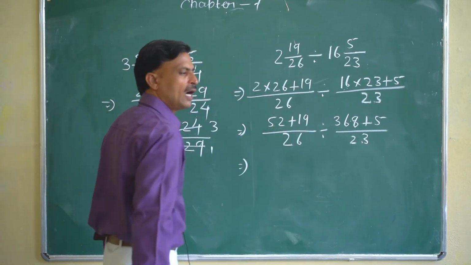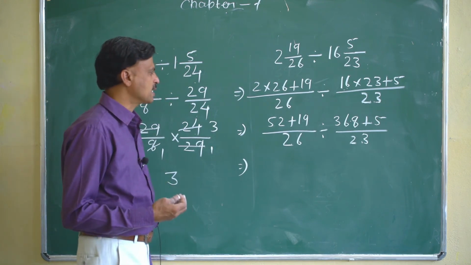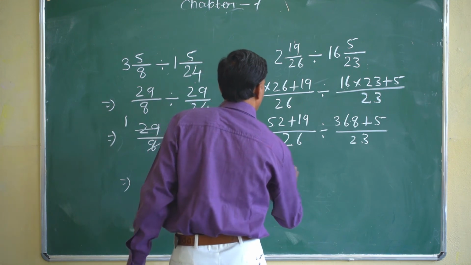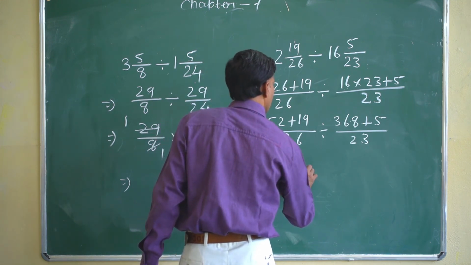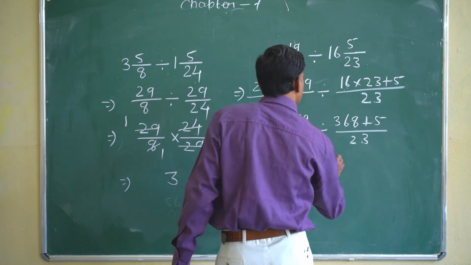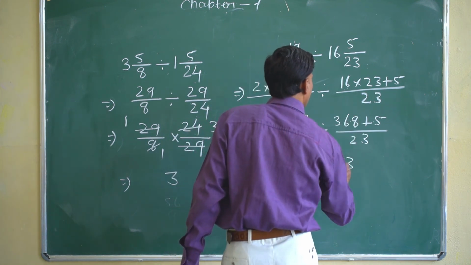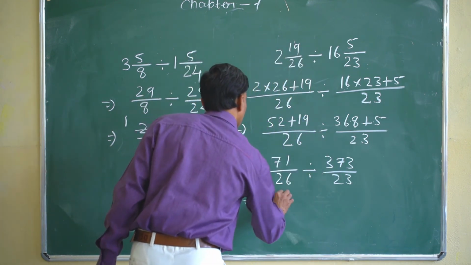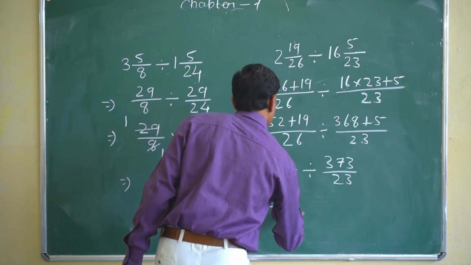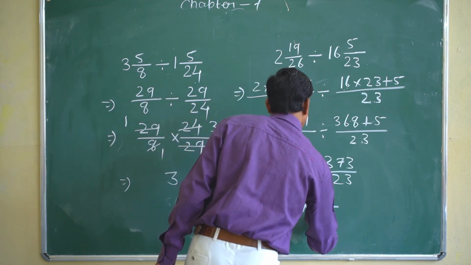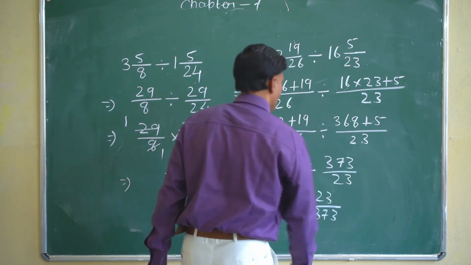Then when we add, 52 plus 19 is 71 upon 26 divided by 373 upon 23. Now 71 upon 26 will be multiplied by the reciprocal, 23 upon 373.